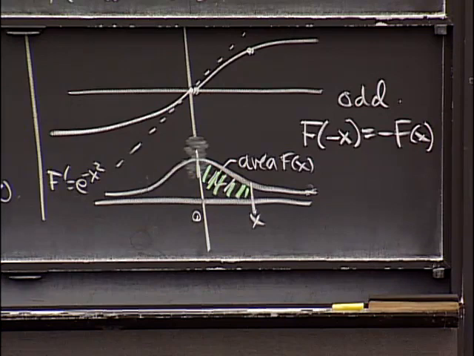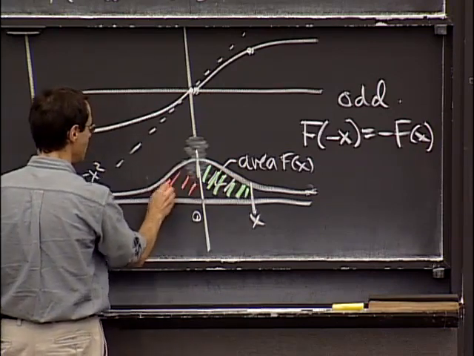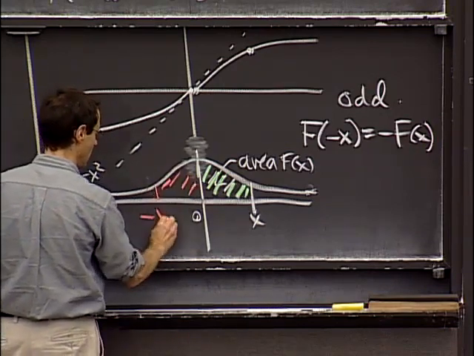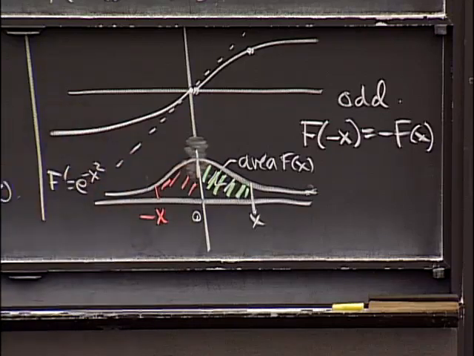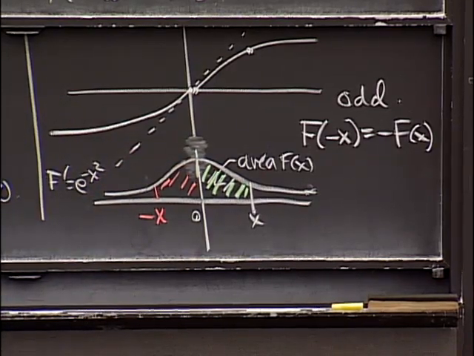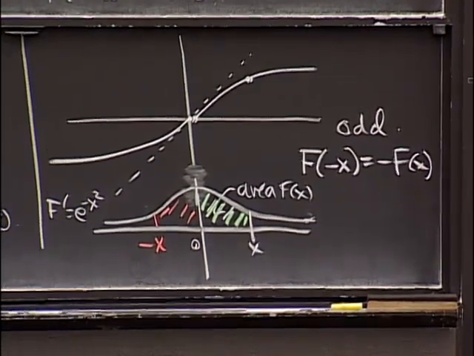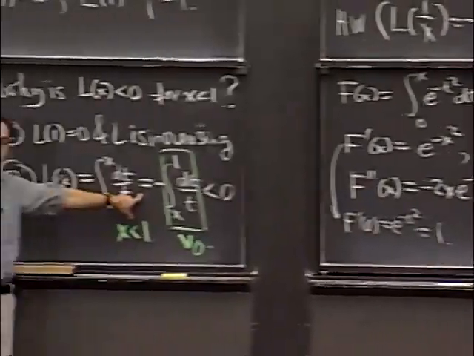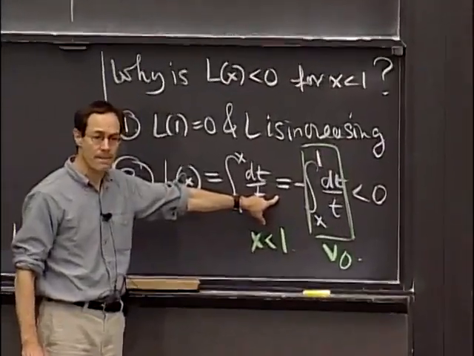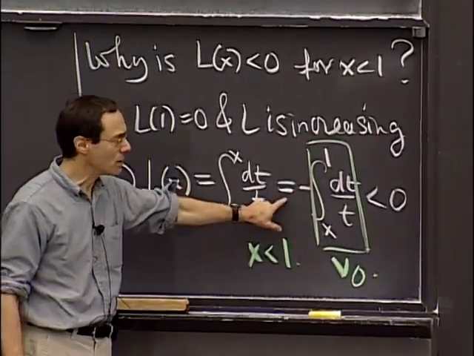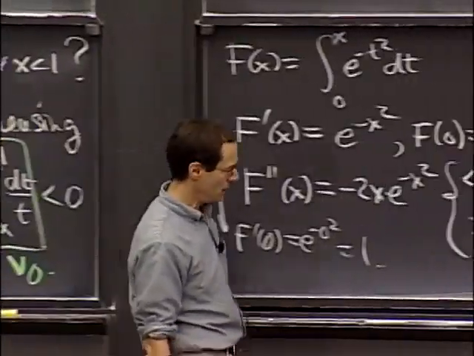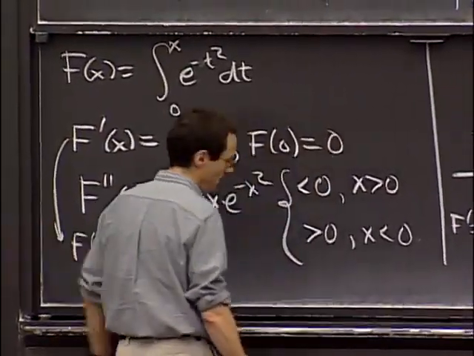We'd get a red patch over here, but it would be counted negatively. All right, and that's the property that it's odd. You can also check this by properties of integrals directly. That would be just like this process here. So it's completely analogous to checking this formula over there.